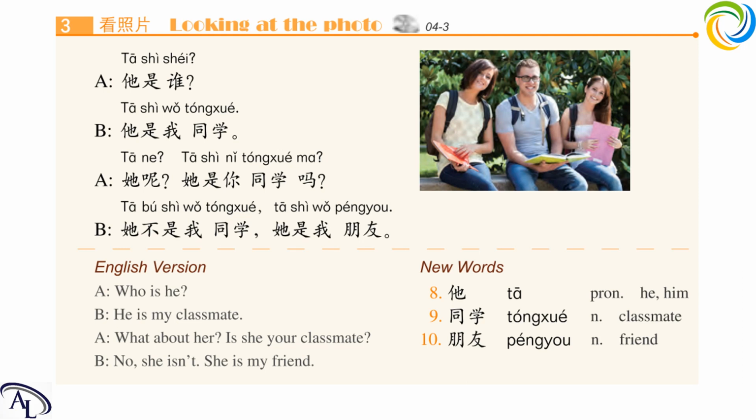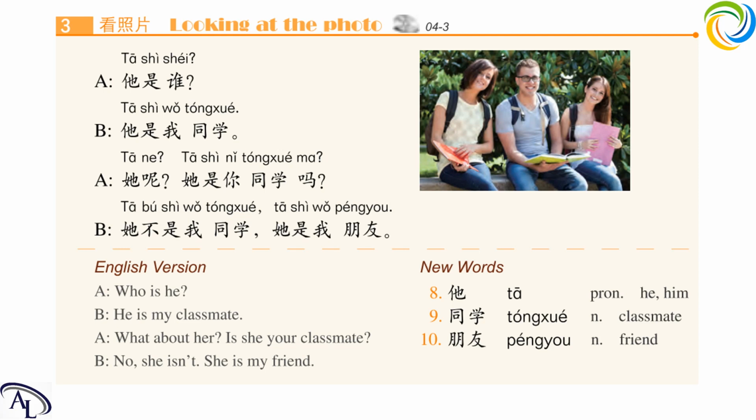I'm gonna read it and please listen carefully. Okay, first one. 他是谁？他是我同学。他呢？他是你同学吗？他不是我同学，他是我朋友。Okay, for this text can be a little bit tricky.